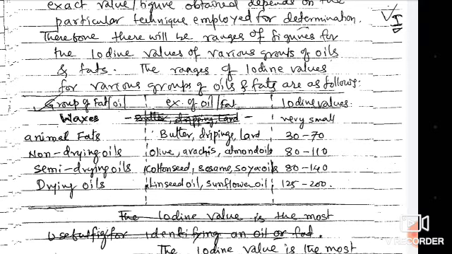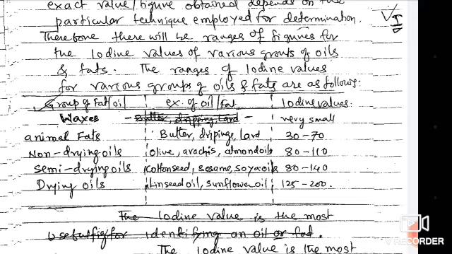For non-drying oil, examples are olive oil, arachis oil, almond oil. It has 80 to 110. Semi-drying oils, examples are cottonseed oil, sesame oil, soya oil, about 80 to 140.